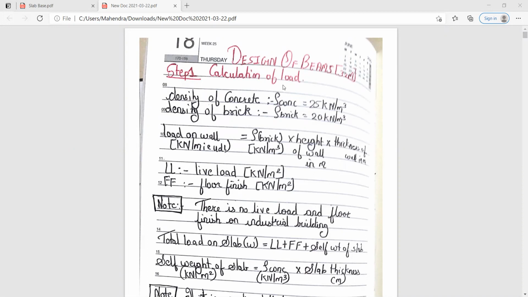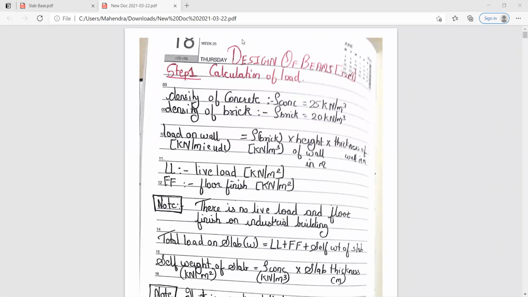Okay. Yes, designing of beams up till now, it has been asked for 32 marks. But as we don't know how the paper pattern will be for your upcoming semesters, we can't say how many marks it will carry, particularly design of beams.